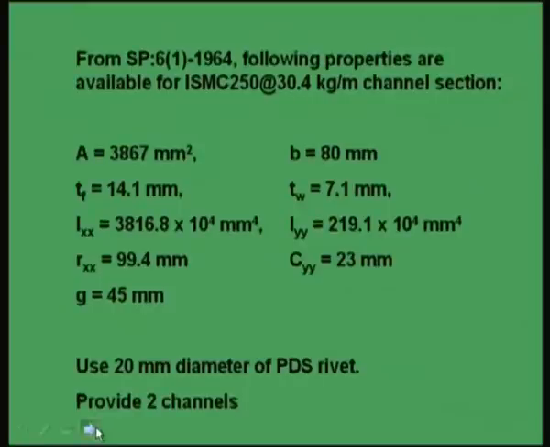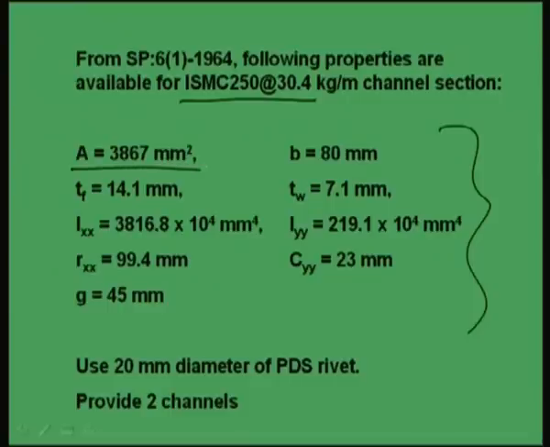Now what will we do? So from SP 6, 1964, the handbook, for ISMC 250 the following sectional properties are given which can be used. These are the properties. What are those?